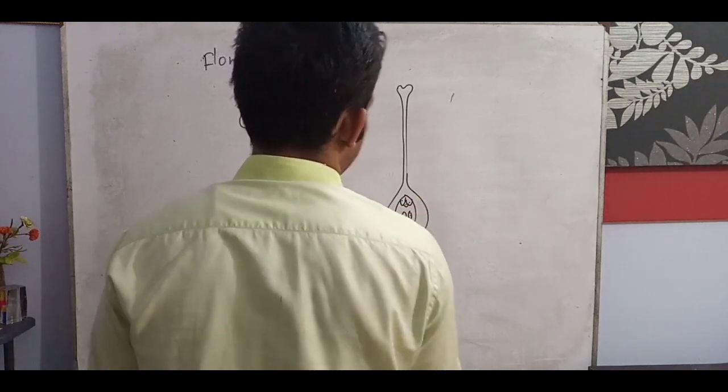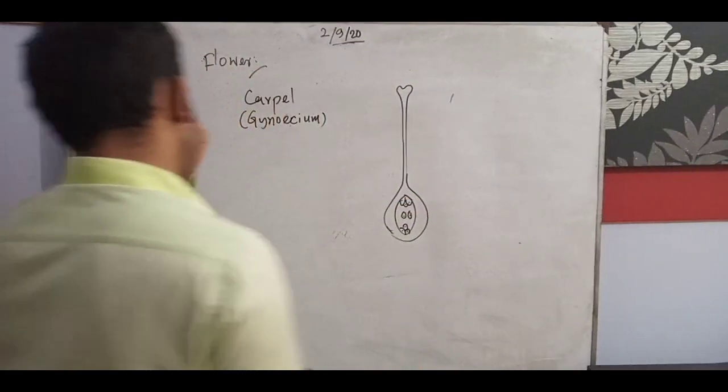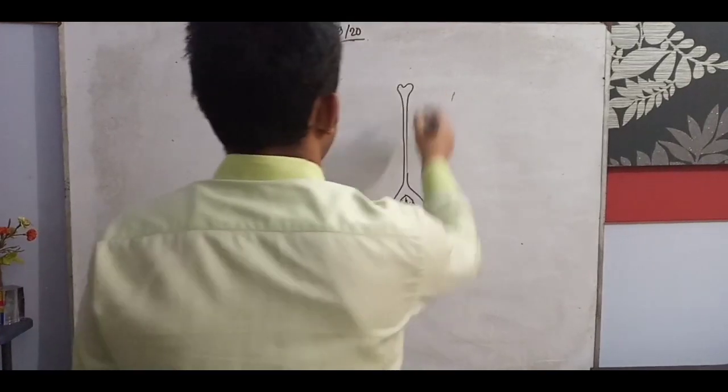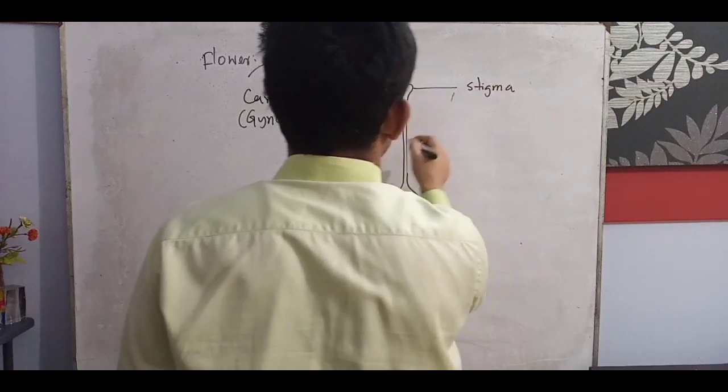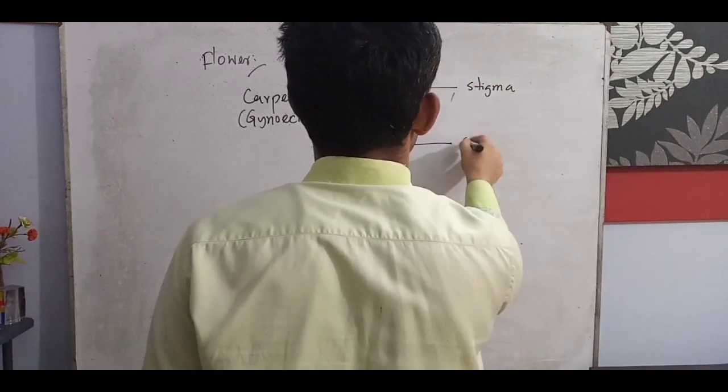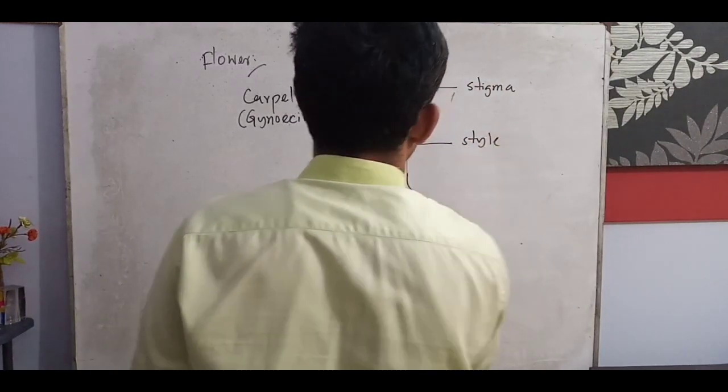This was the figure of it, and this one is called the stigma. Okay, this one is the style, and this one is the ovary.